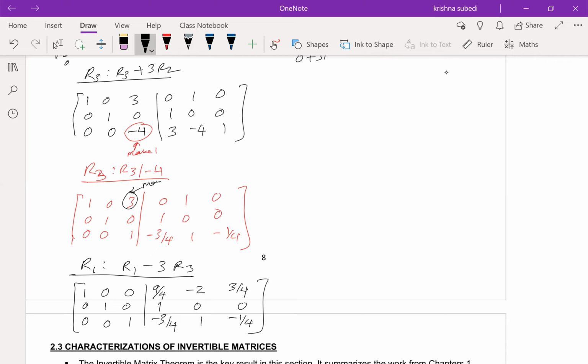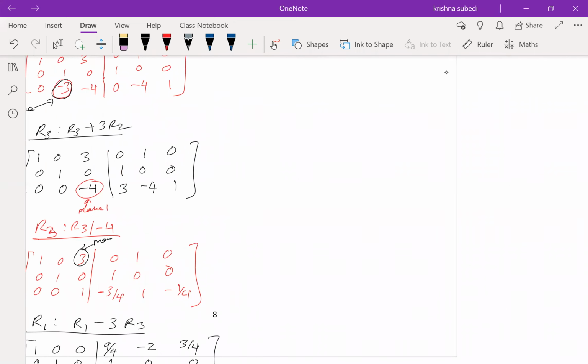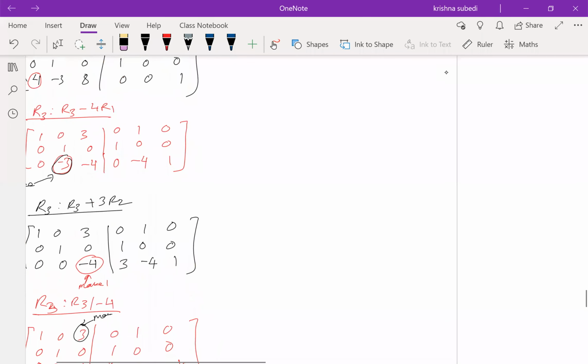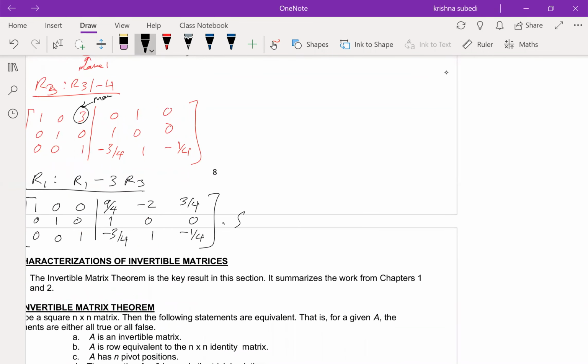Okay. Now, the inverse is, let me write it here. So A inverse is on the right hand side of the matrix, which is 9/4, -2, 3/4, 1, 0, 0, -3/4, 1, -1/4.